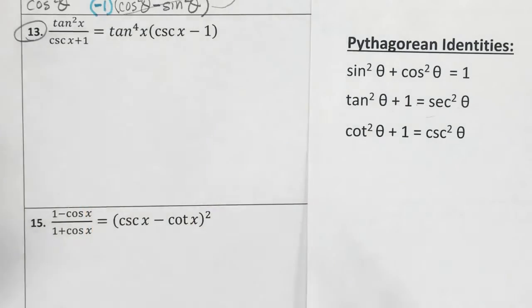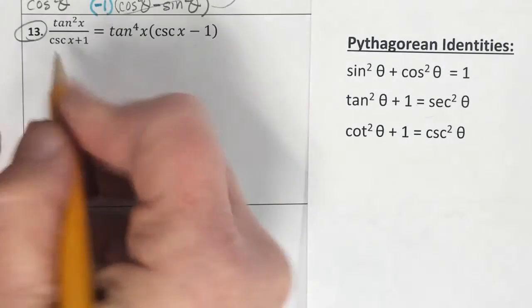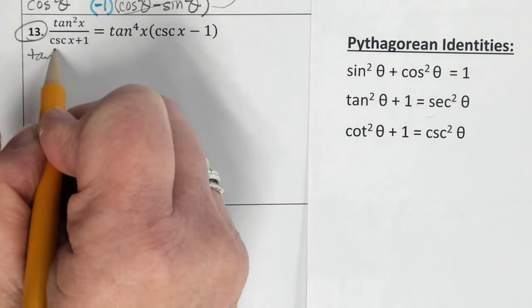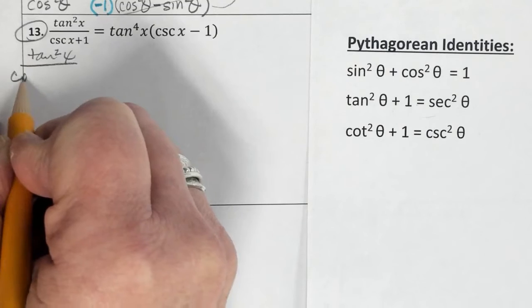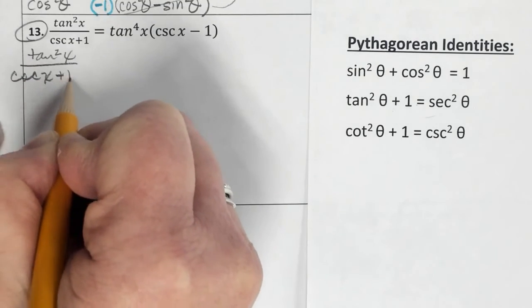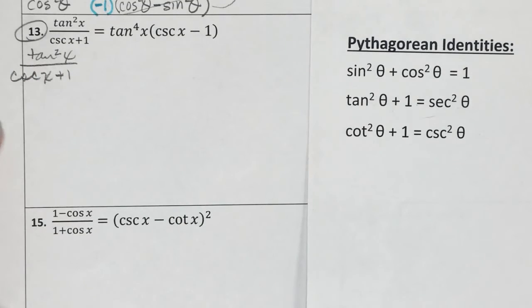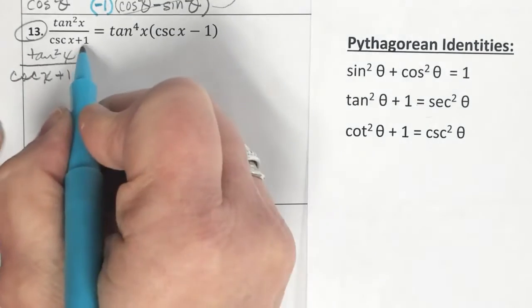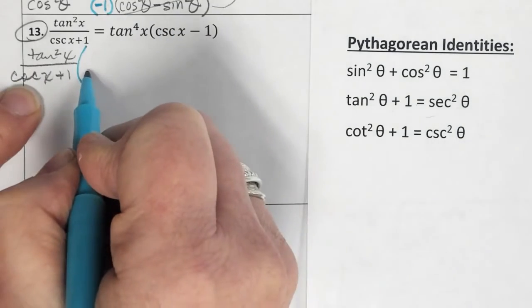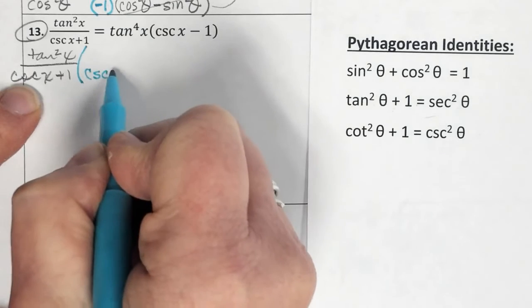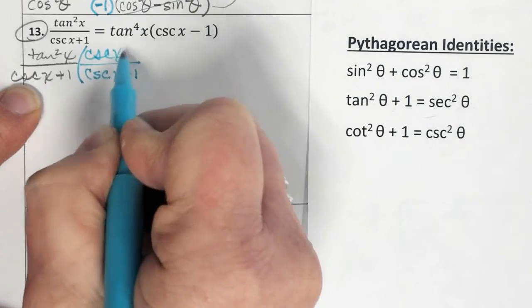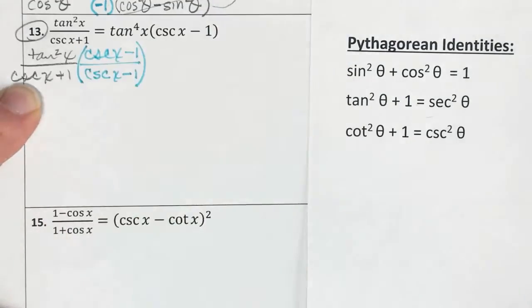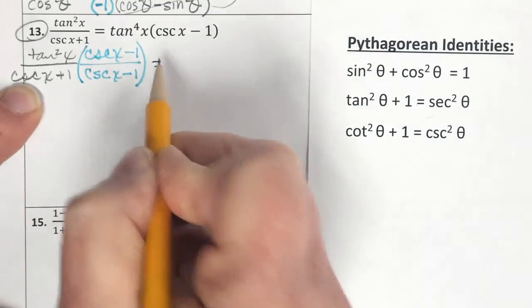Let me show you. So first we have the tangent squared. I'm leaving that alone. And we have cosecant x plus 1. But we're going to multiply by the conjugate of the denominator, which is cosecant minus 1. And again, that is simply 1.